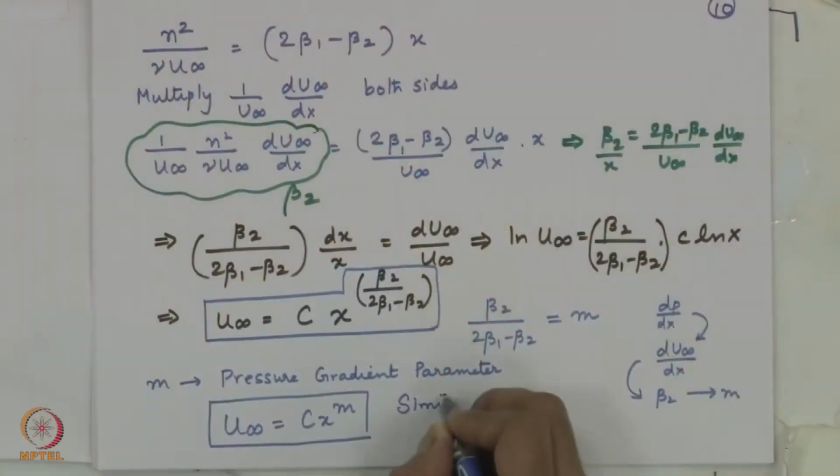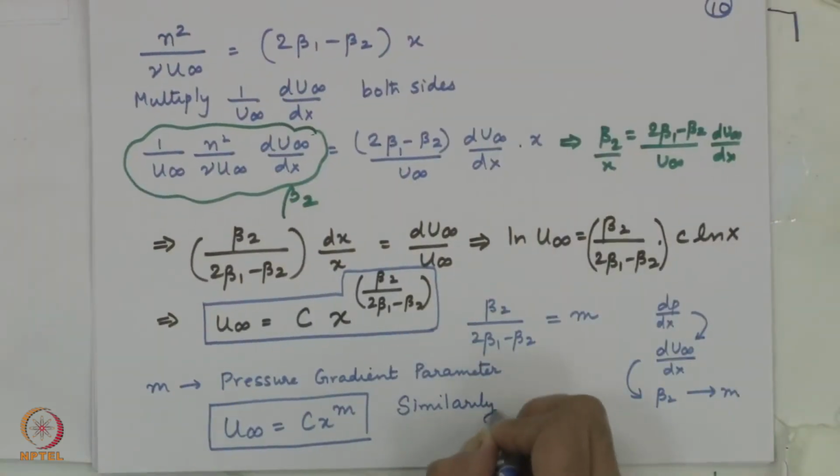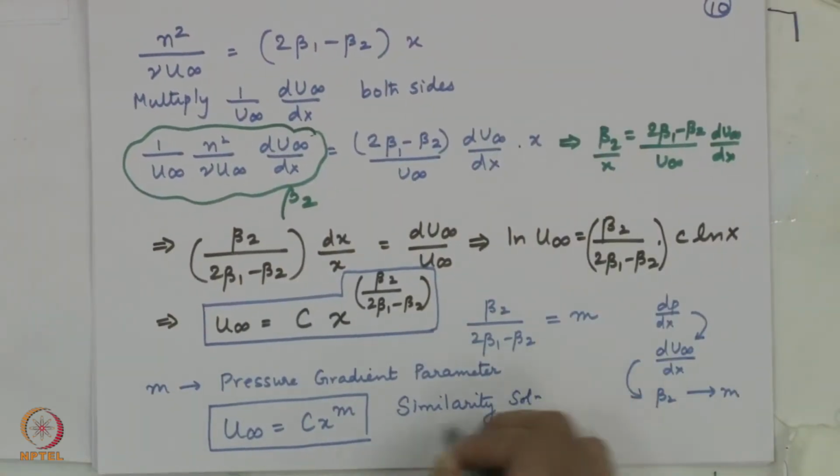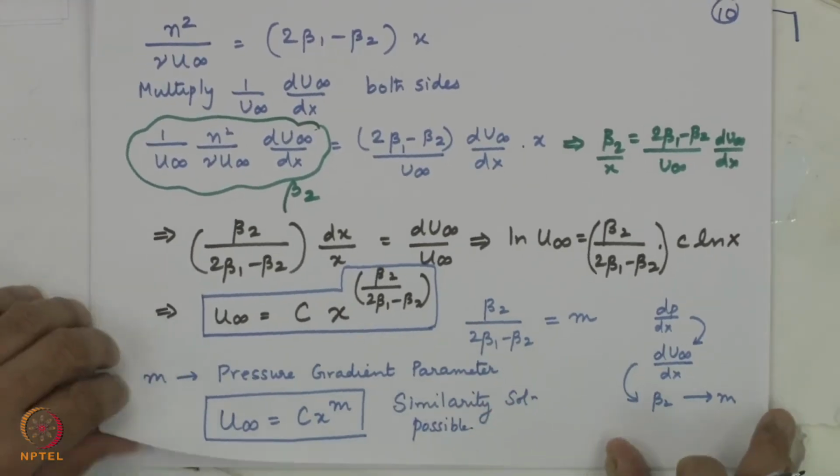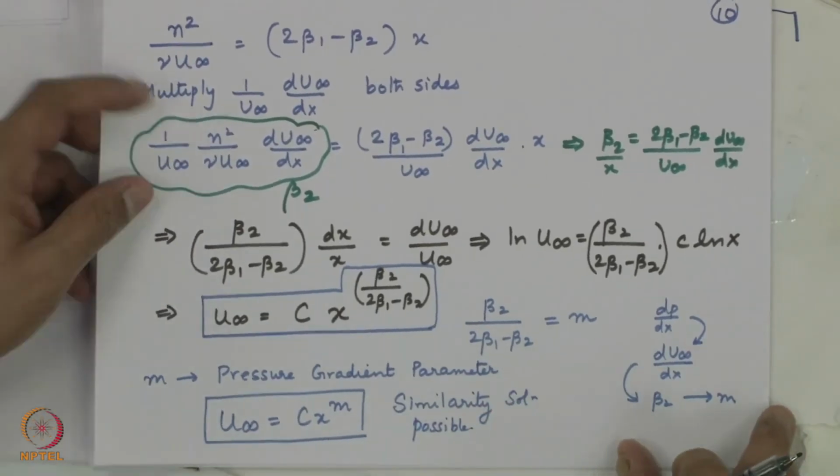So, this m is called as the pressure gradient parameter. Therefore, u infinity is equal to Cx to the power m. For this profile only, similarity solution is possible. What is so great about this? We will see in a minute.